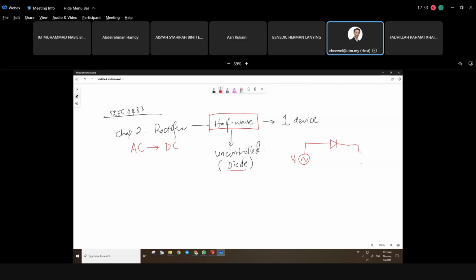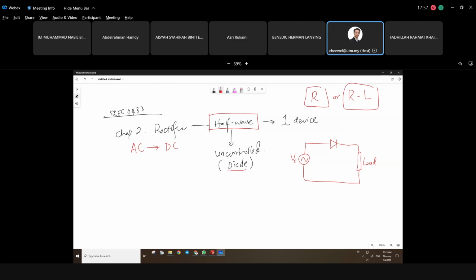I will draw a box for the load, because the load or consumption could be R load or RL load. RL means a combination of R and inductor.